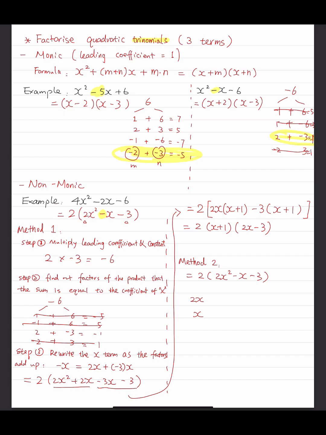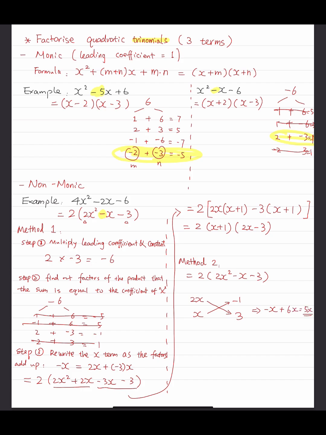And then you're going to rewrite the -3 as its factors. So for example, if I'm trying with -1 and positive 3, you're going to multiply diagonally. So now you get -1 times x is -x, plus 2x times 3, which is 6x. So this will equal 5x.